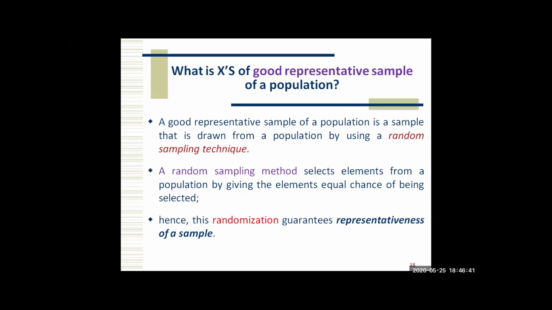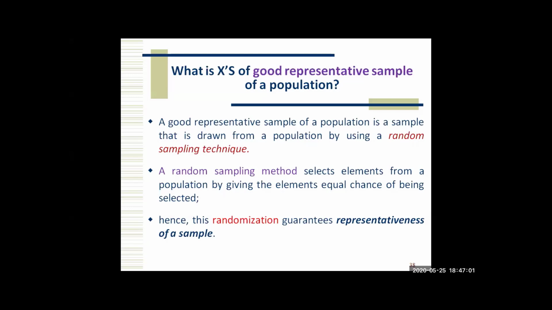A very good representative sample might be drawn from the population by using any of the random sampling techniques. These random or probability sampling techniques give an equal chance for all elements to be selected, to be included in the sample.